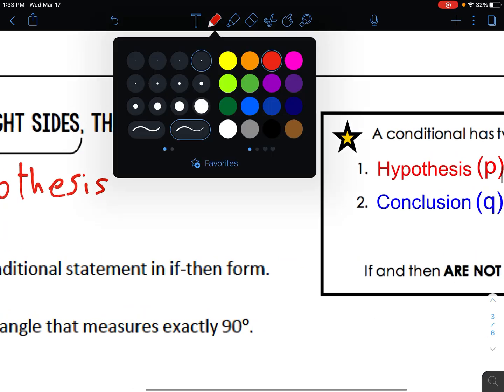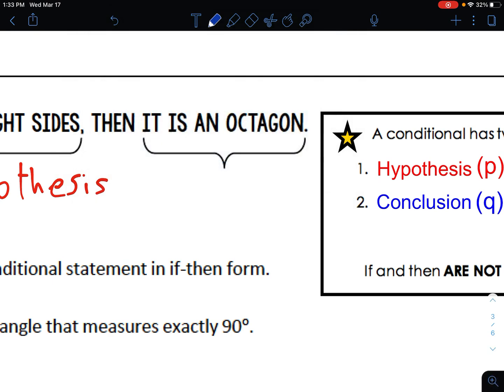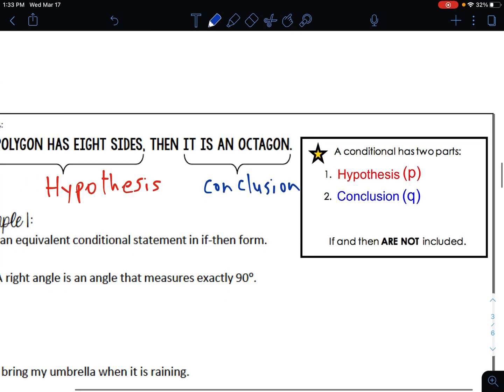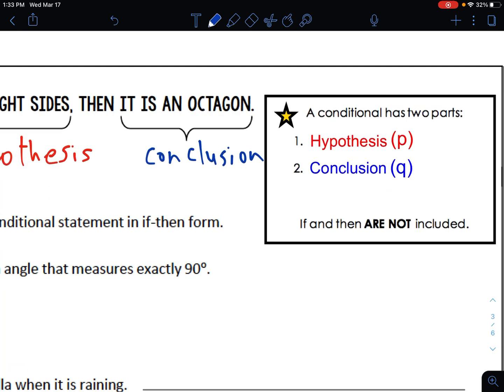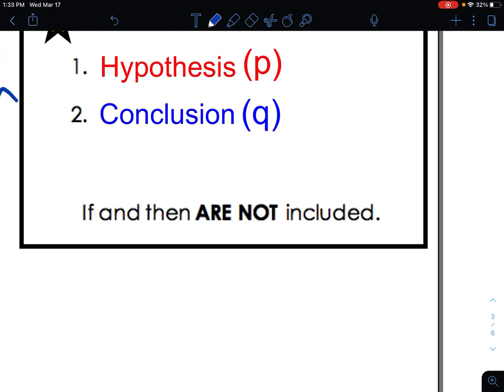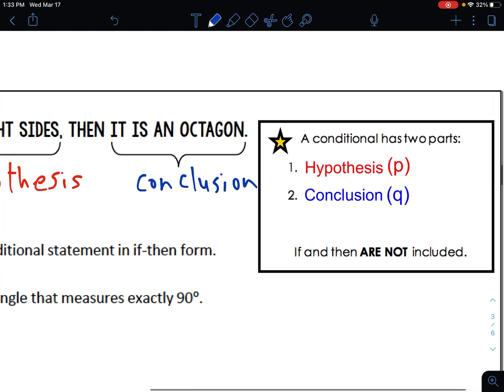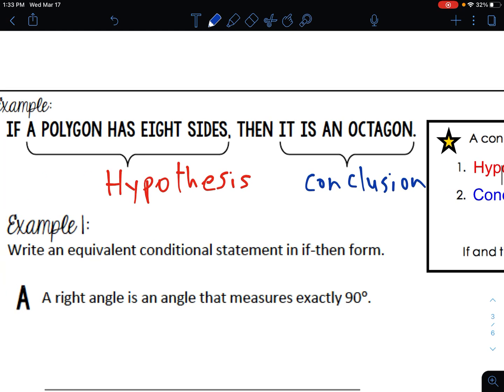And then, it is an octagon, that's the conclusion. Notice how the words if and then are not included in the hypothesis and the conclusion. The hypothesis is a polygon has 8 sides. The conclusion is it is an octagon.